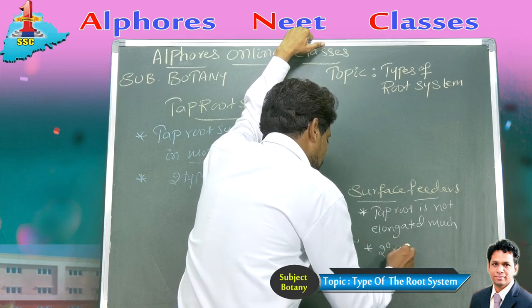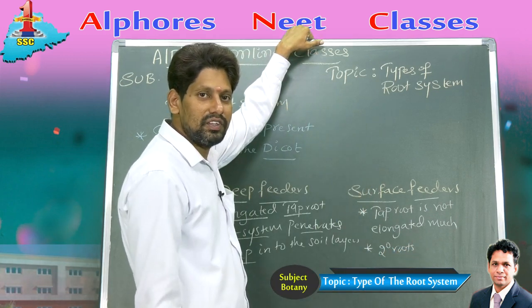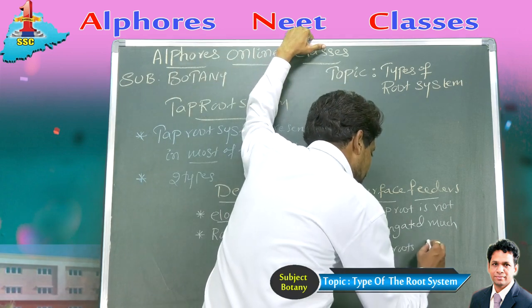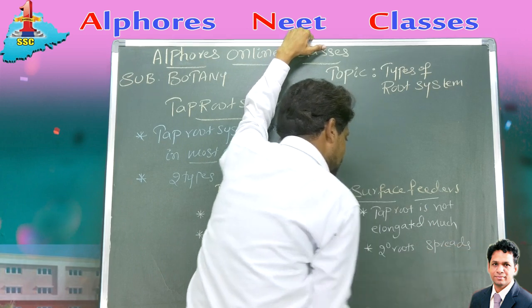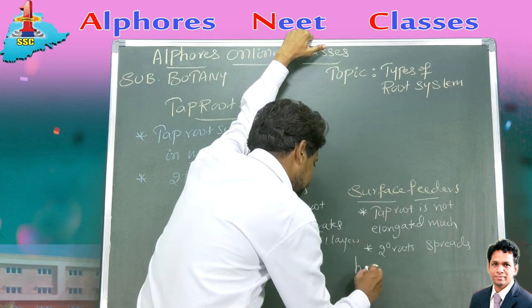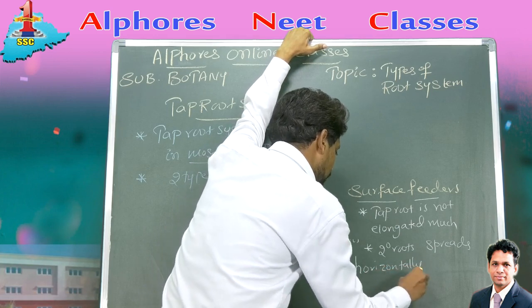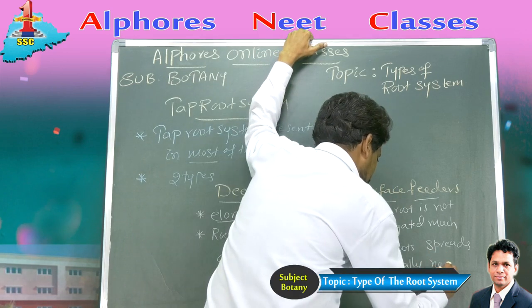Secondary roots. Secondary roots means which order branches? First order branches. Secondary roots spread how? Horizontally. Where?